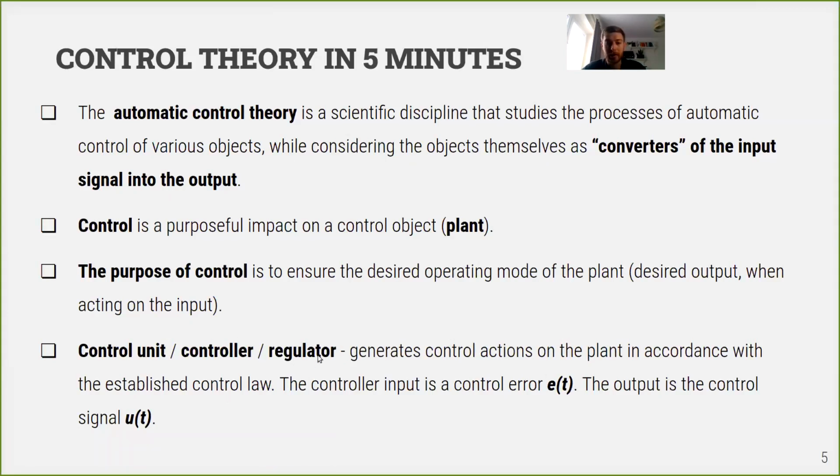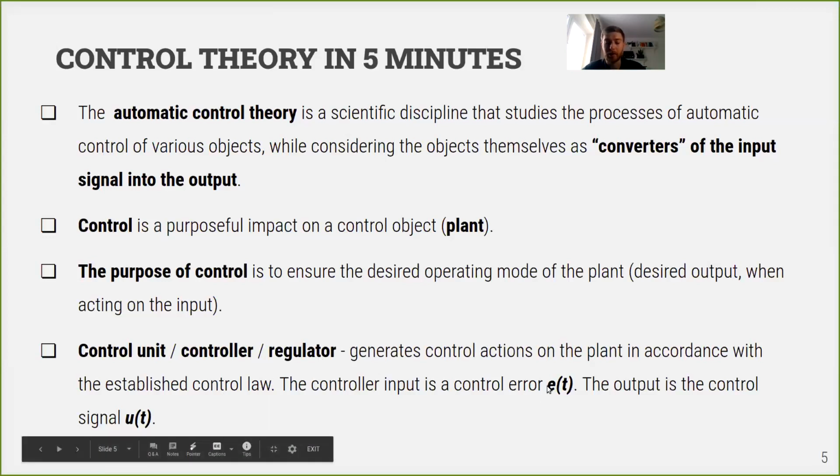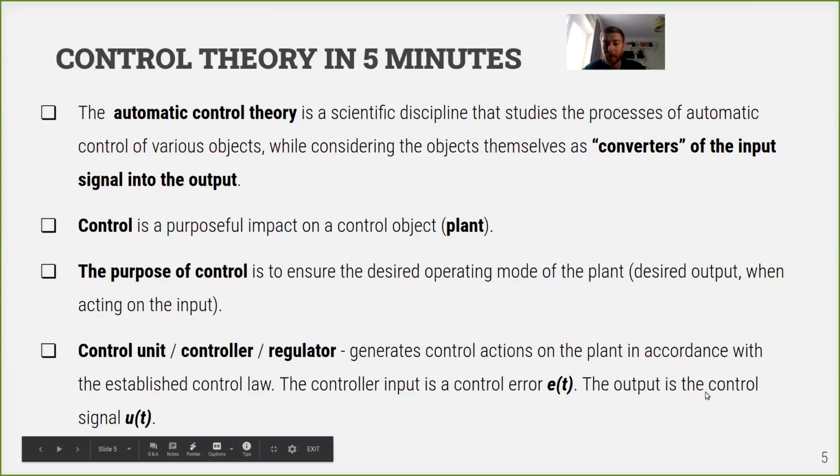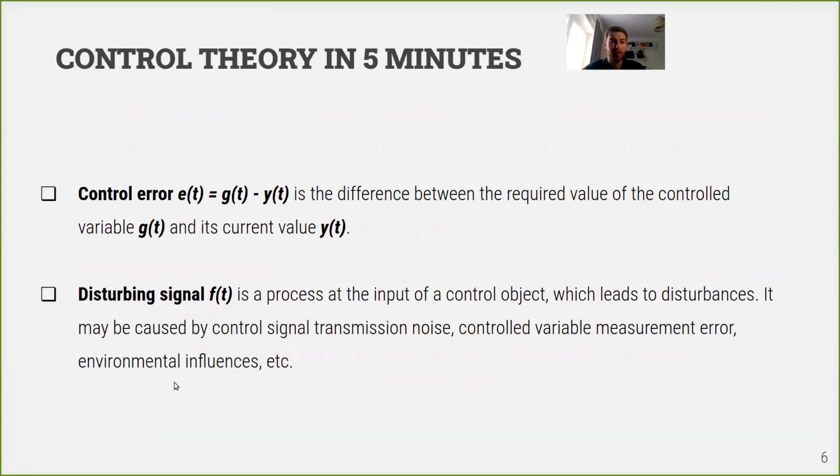And usually as an input of the regulator itself, we have the control error, so the difference between the desired and real level of output of our plant. And the output is the control signal U. So once again, the control error is just the difference between the required value of the controlled variable and its current value. And we also have disturbance signals.